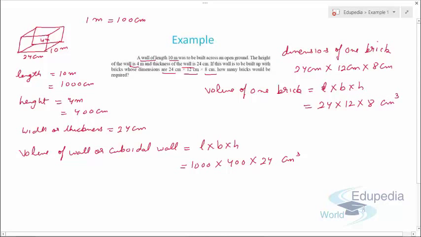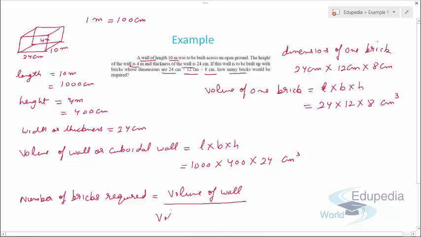Now the next step is we need to find how many bricks would be required. So we can say that now number of bricks required will be equals to volume of wall upon volume of one brick, right?